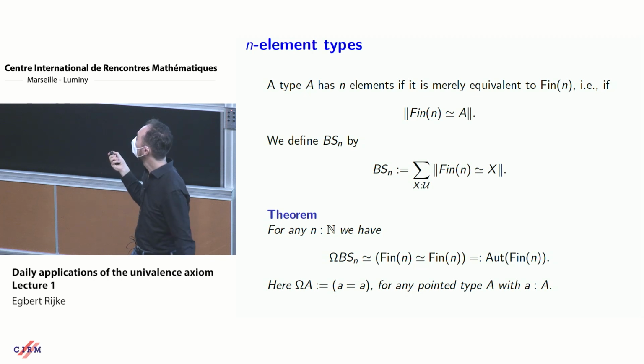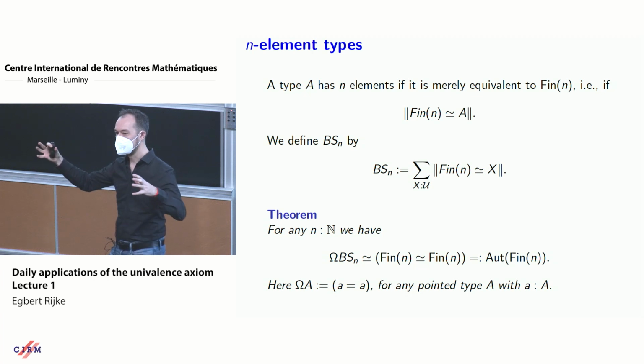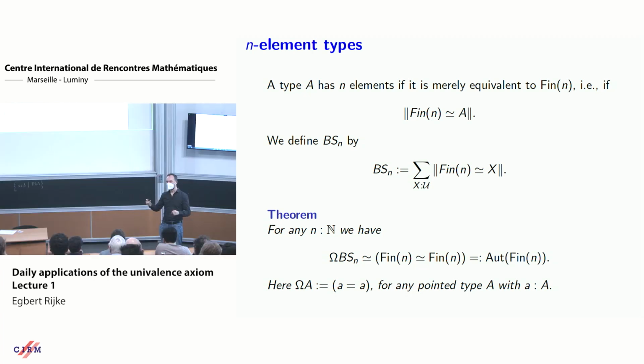You shouldn't think of this as the set or the class of all n-element types, but the groupoid of all n-element types. That is equivalent to the groupoid that has one point and the permutation group of n elements. So that's why we call this BSN. And this works with the univalence axiom. So this is my first daily application.